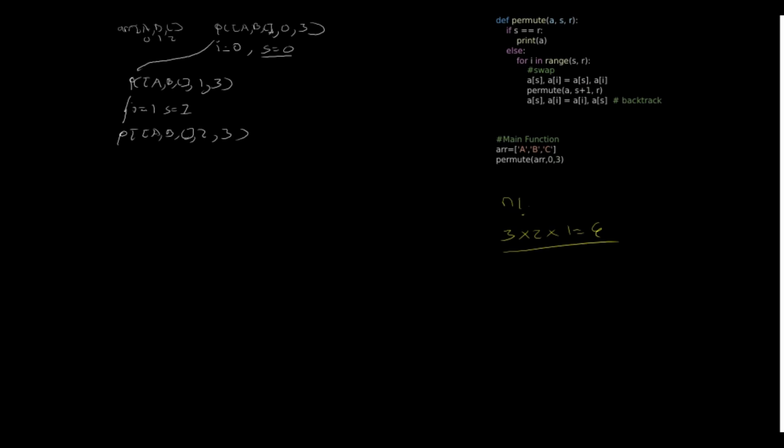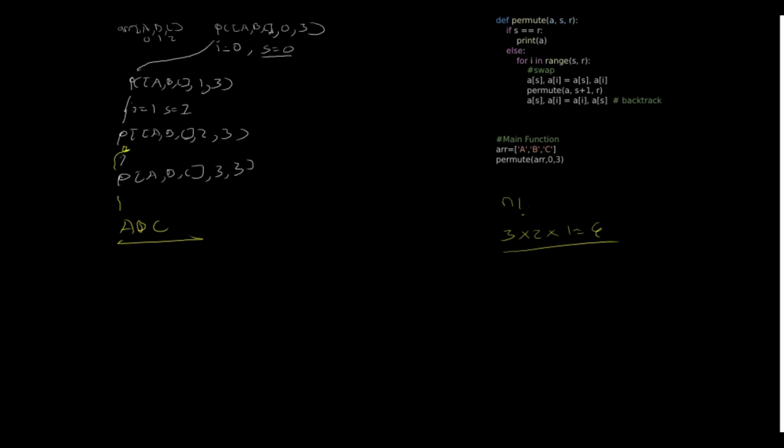Then 2, 3. We exit the loop, and now we call this and reach our base case, 3, 3. Once we reach our base case, I'm going to change the color to yellow. It prints ABC.